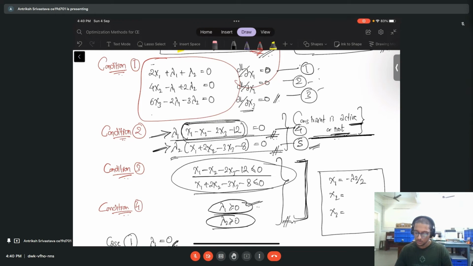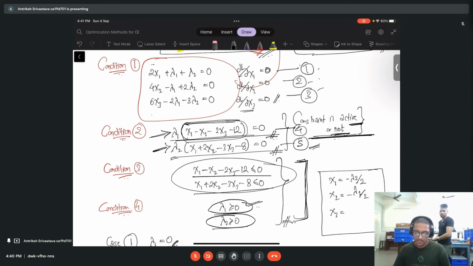Similarly, x2 is minus lambda 2 by 2, correct. So don't be afraid if you think it is the same; it might be the same also.